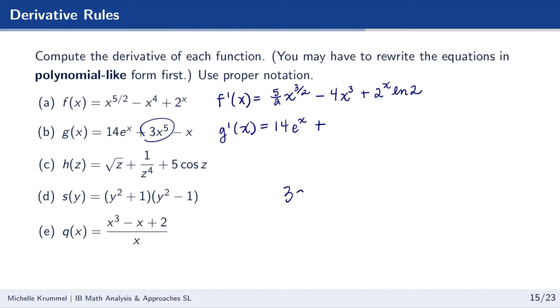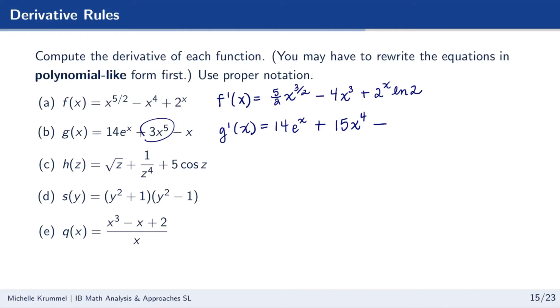Because remember, 3x to the fifth prime equals 3 times x to the fifth prime. So 3 times 5x to the fourth. You end up multiplying the 5 when it comes down by the 3. So the 5 comes down, times 3 is 15x, and then you reduce the power by 1. So the new exponent is 4.